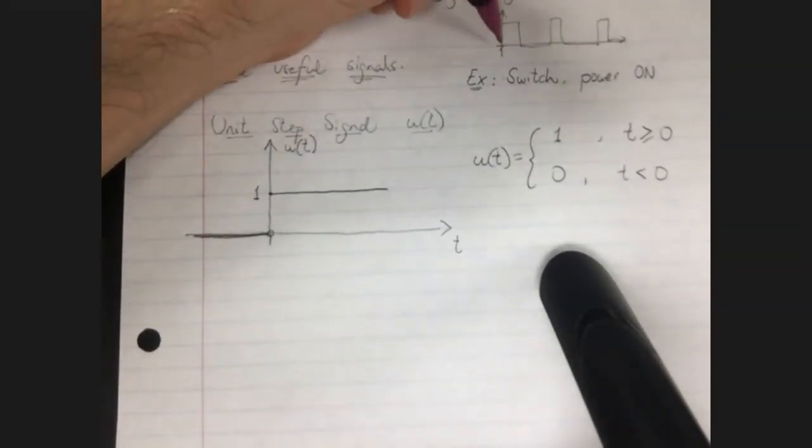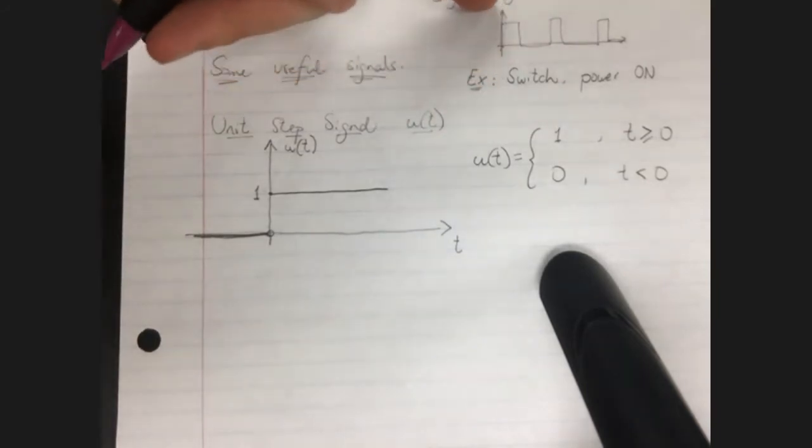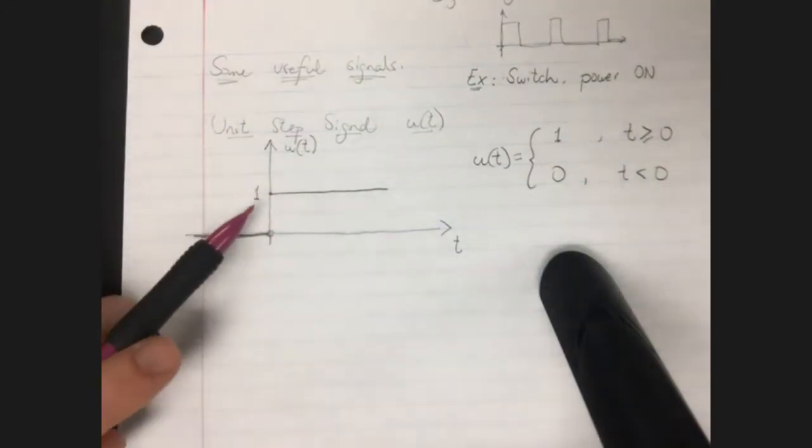So that would also be an example of something using u of t in some way. Anytime you've got a sudden jolt or a sudden change from one level to another, that can be modeled as a step.